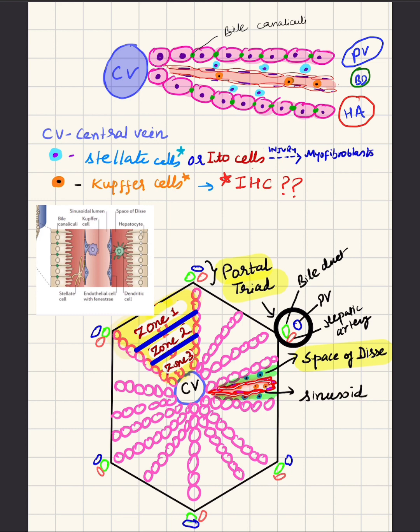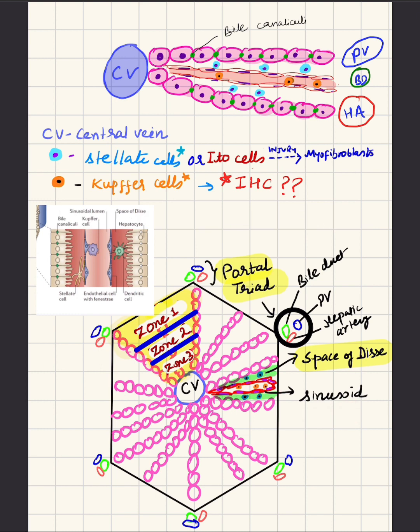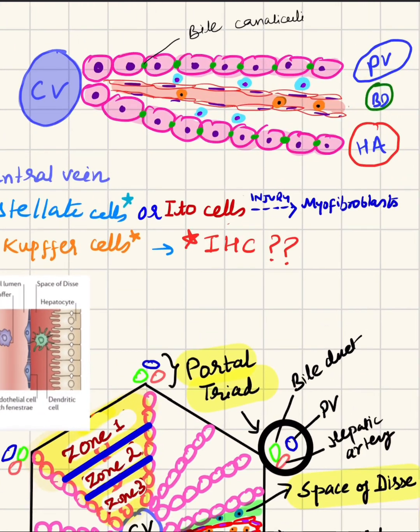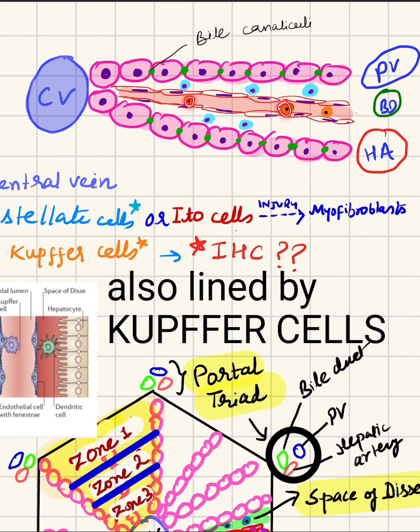These sinusoids have a fenestrated membrane, and in the sinusoid, the blood from the branches of the portal vein and the hepatic artery mixes and enters the sinusoid and moves towards the central vein. If we see the details, the sinusoid is fenestrated, it has gaps in between, and inside it is lined by Kupffer cells.